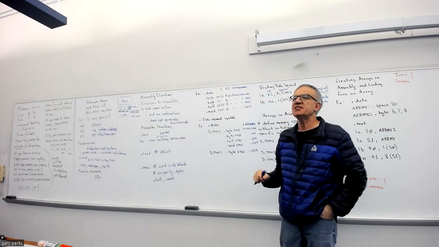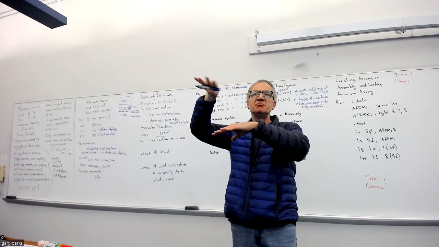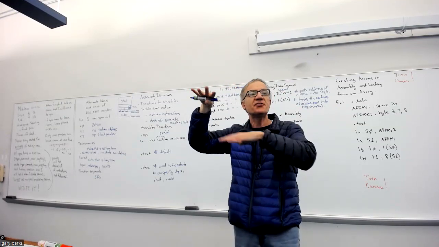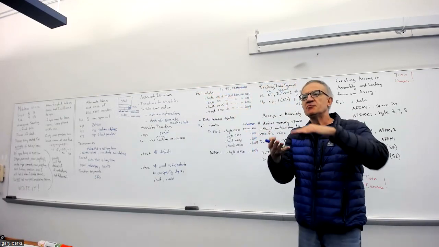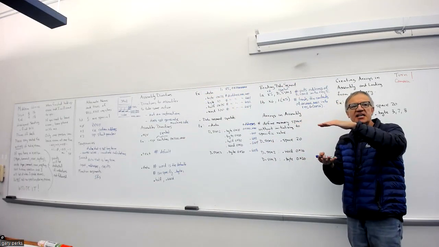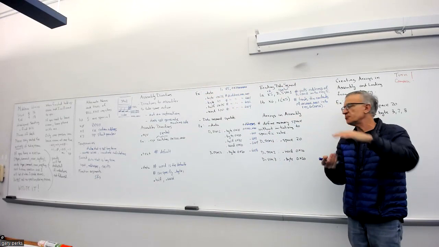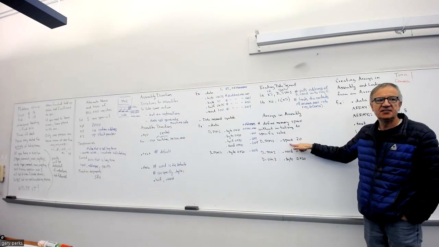But there might be cases where you just want to allocate some space in the data segment, and then maybe later on you'll store things into that segment. So if you want to create an area of the data segment where you don't initialize the data at the very beginning, you can use this directive here, .space.